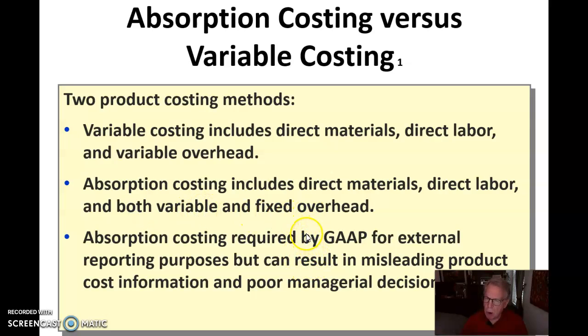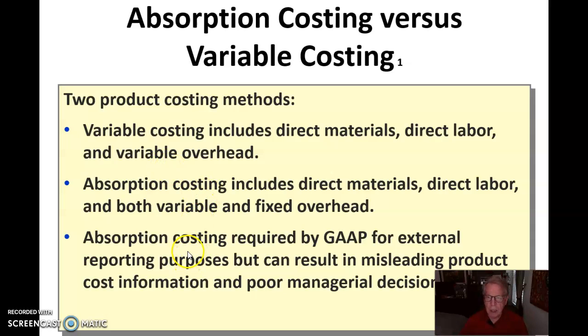Whereas variable costing, we're going to do a little bit differently. We're going to treat fixed overhead as a period cost and basically expense it in the current period, as opposed to having it run through the cost of goods sold. So variable costing then includes direct materials, direct labor, but only variable overhead.